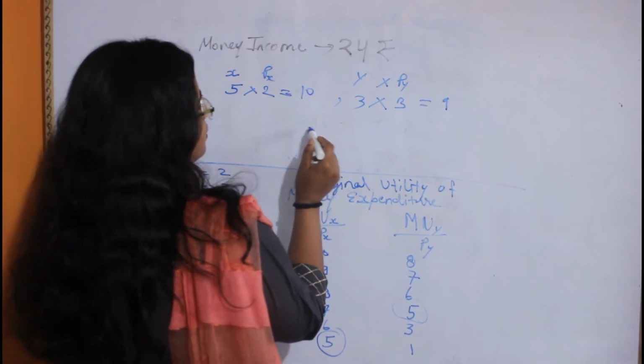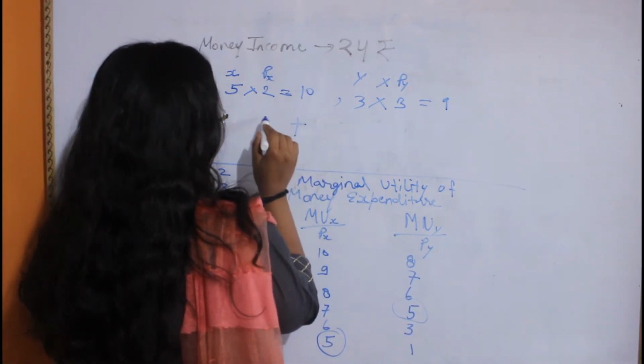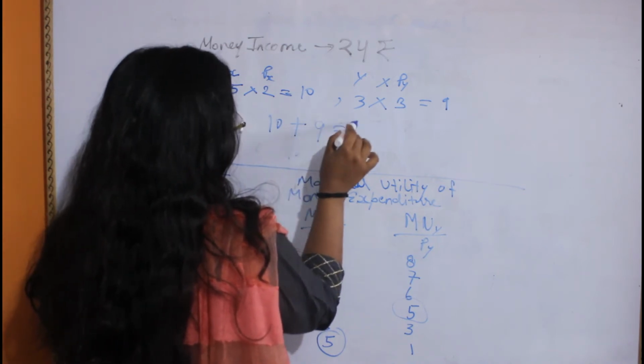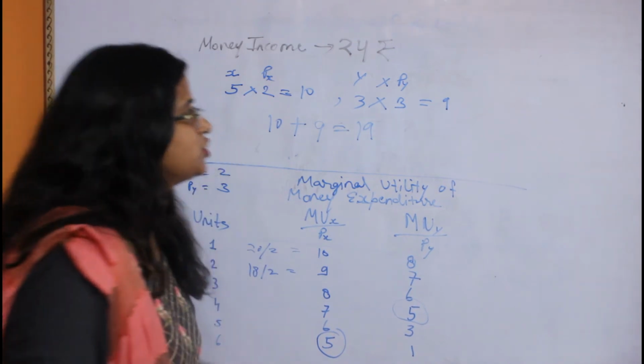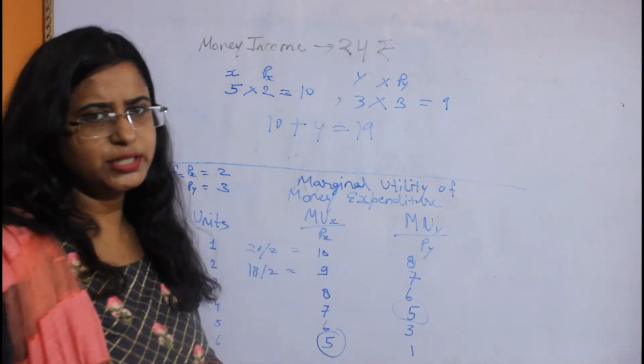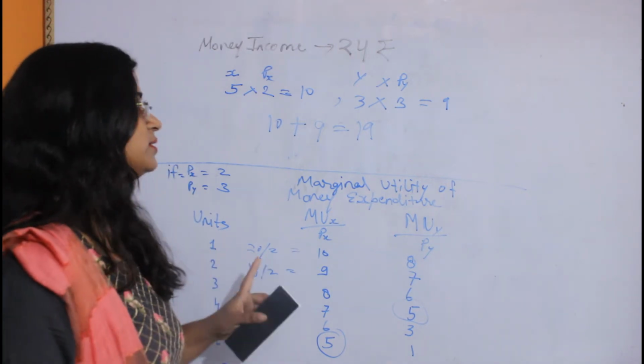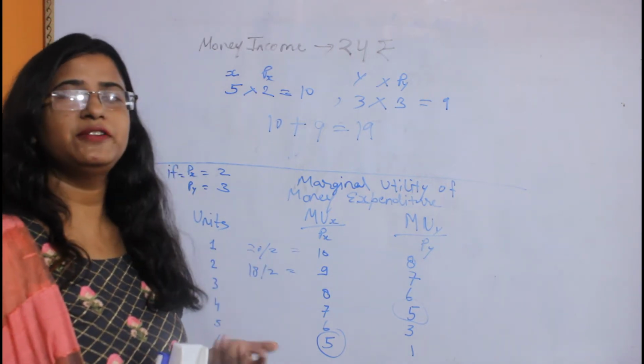When we sum this, it comes to 19 rupees, which is much less than 24, and he is left with rupees 5 in his pocket.